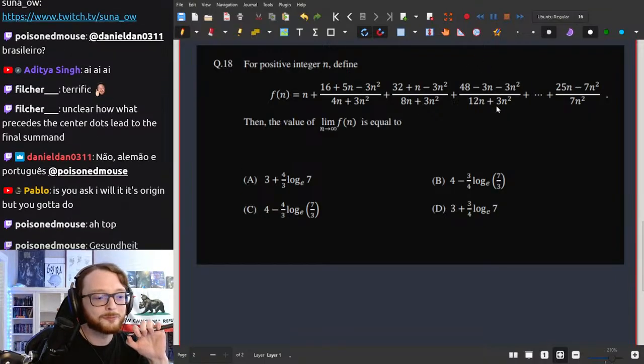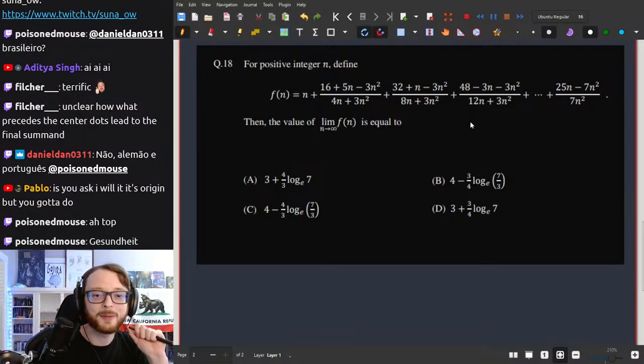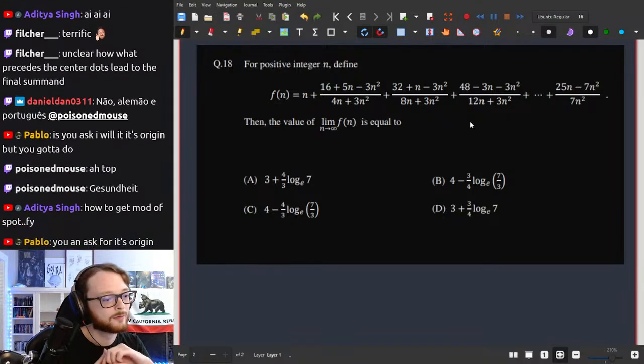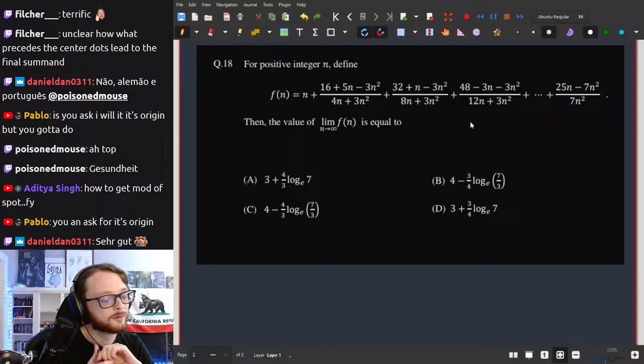Yeah, exactly. The pattern is pretty hard. I don't know what the pattern is either, offhand. They might expect you to do some work to be able to figure out what the pattern is here.